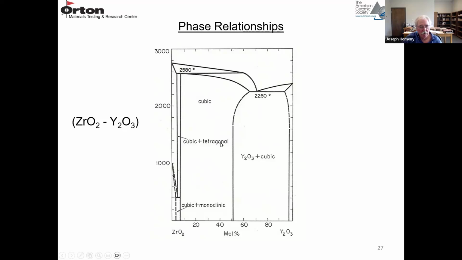To the left of that, you have cubic and tetragonal and cubic and monoclinic. So you want to avoid this part of the phase diagram right near ZrO2 by adding enough Y2O3 to get into this cubic phase field. And again, the solidus curve here is above 2260 degrees C. So it's a high temperature material.